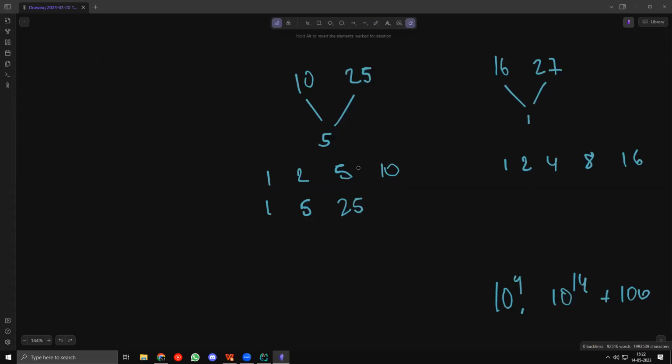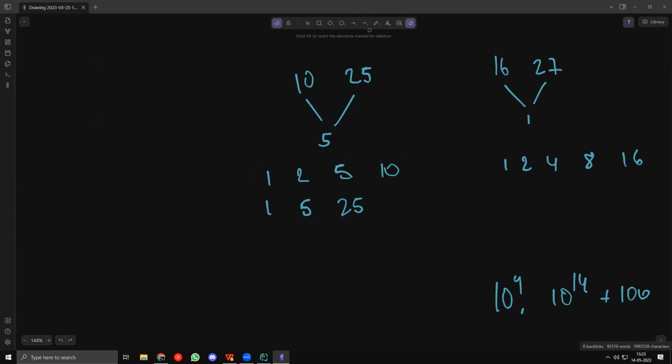And what's the time complexity to factorize? We discussed this in the last class. What's the time complexity to find all the divisors of a number? Log n, Akash, is for sieve, right?